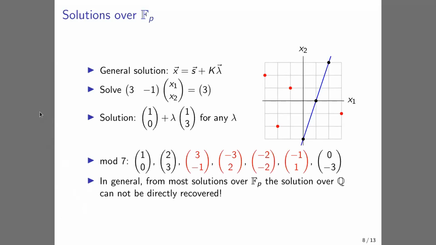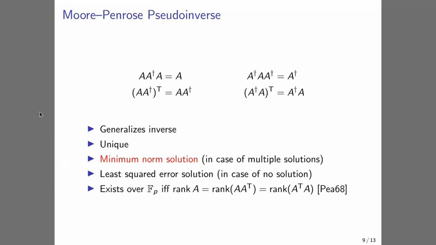So how can we deal with this? We actually turn to the Moore-Penrose Pseudoinverse. The Moore-Penrose Pseudoinverse, or just pseudoinverse, let's say, is a generalization of the inverse of a matrix that obeys these 4 equations here at the top. And the great thing about the pseudoinverse is that it is unique, and it gives the minimum norm solution.